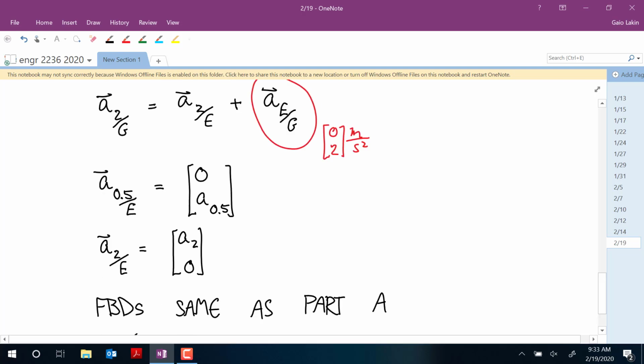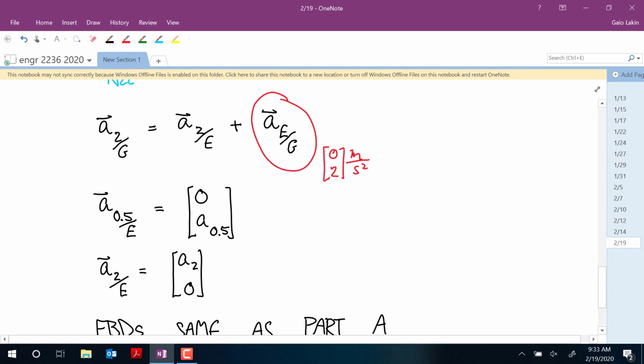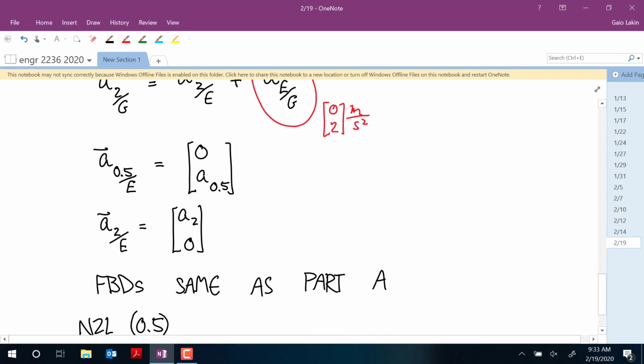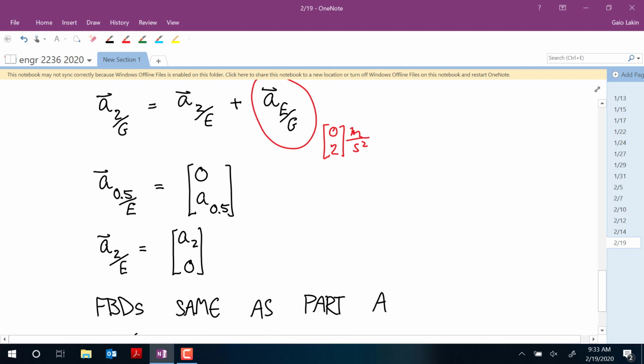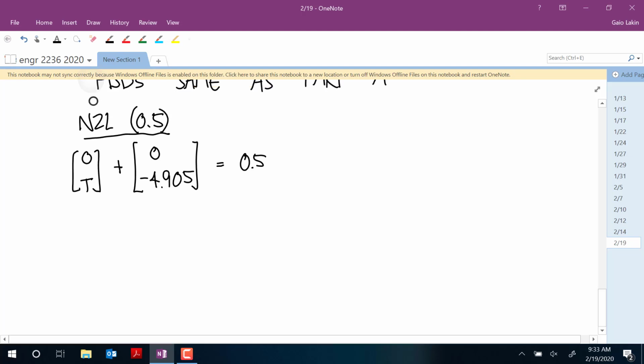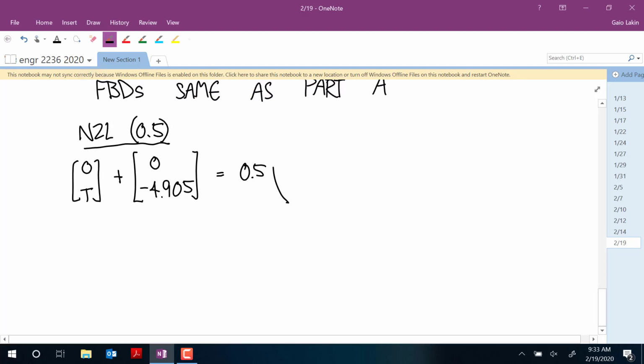So now we have to write this as, we can think of this as 0, a 0.5 plus 0, 2. So I'll write it as 0, a 0.5 plus 2.